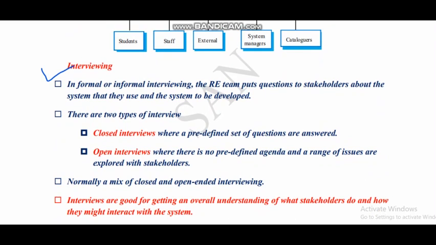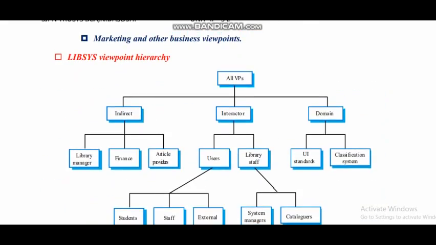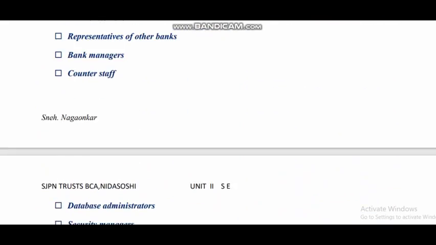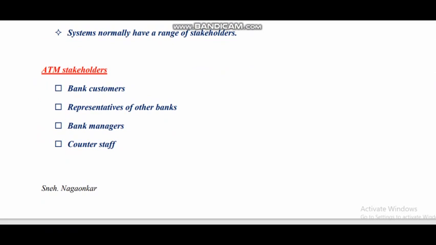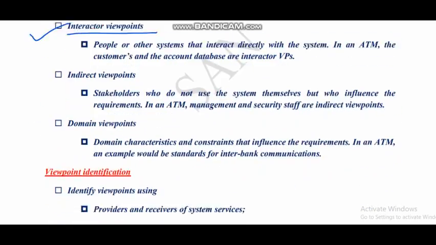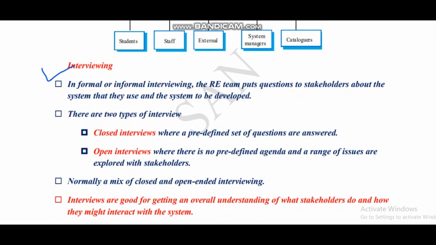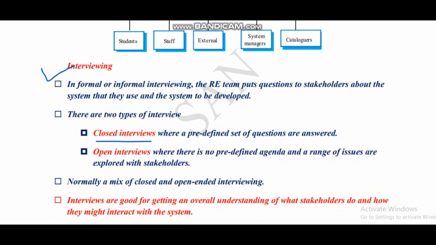So how do you interview? Suppose I want this new ATM software. I go and meet all these stakeholders and conduct interviews with them. I can consider different types of interviews and collect information from different types of people. There are two types of interviews, closed and open.